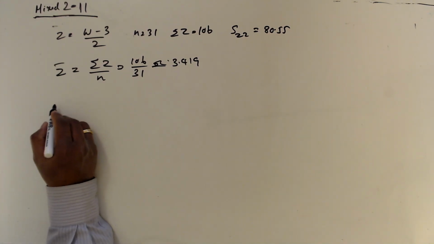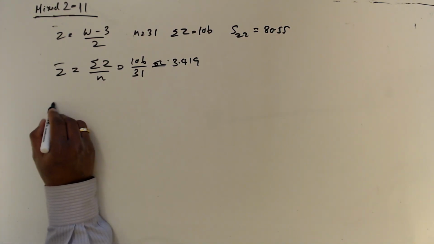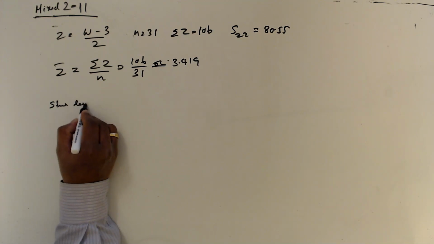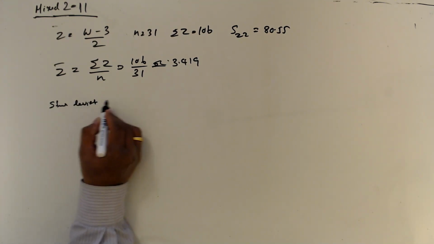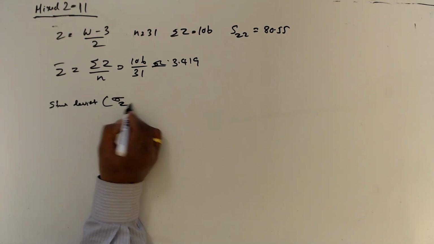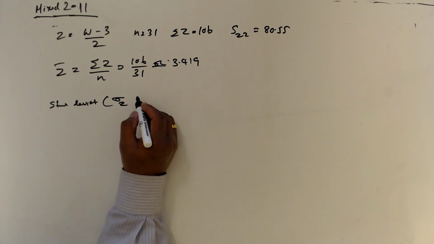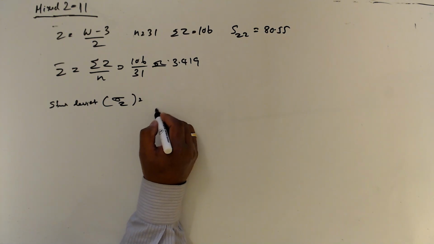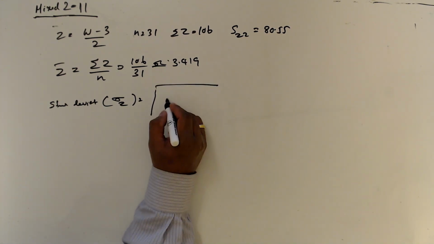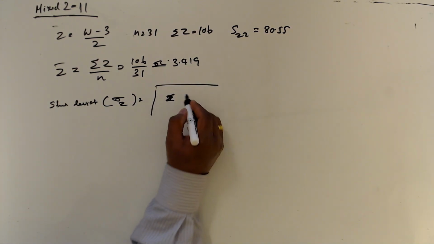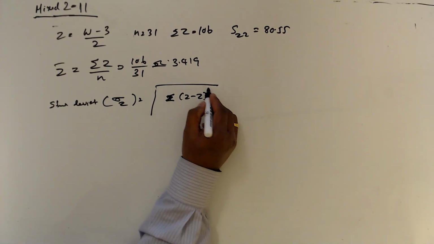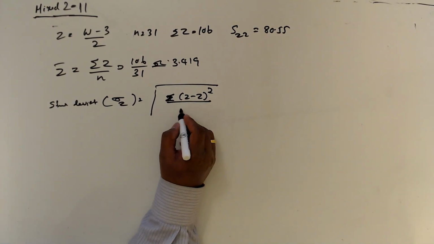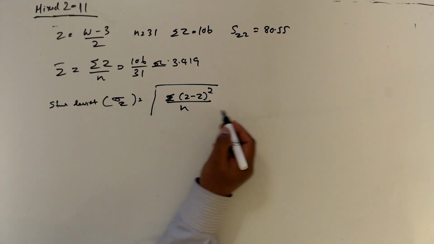And so the standard deviation, sigma z. We know that this is going to be the square root of summation z minus z bar squared over n.